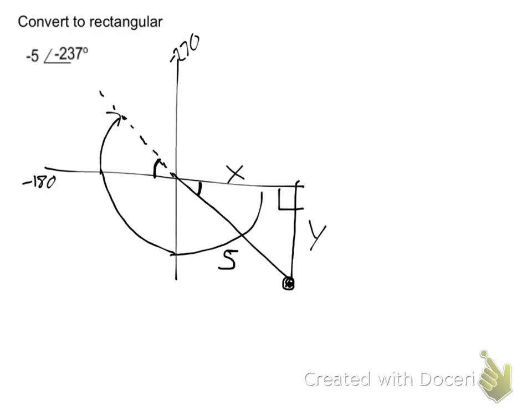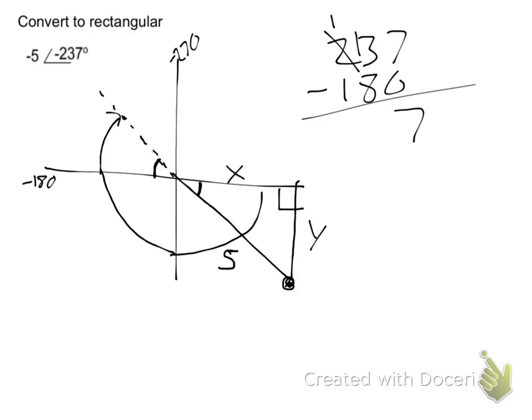How much is at the point where it's a straight line? 180. So can I take 237 and subtract 180 from it? You end up with 57 degrees. So that means the angle from the x-axis in our triangle that's on the other side is 57 degrees.